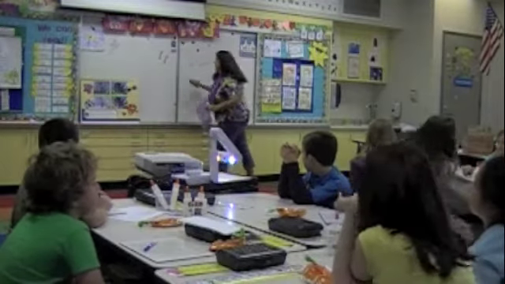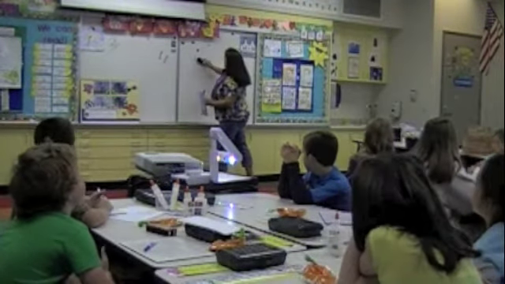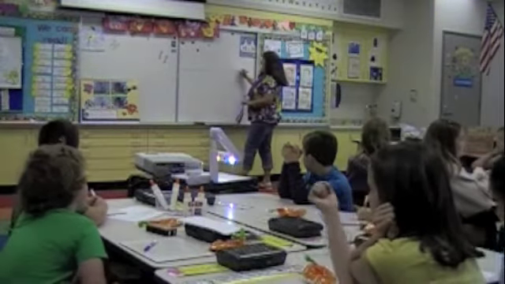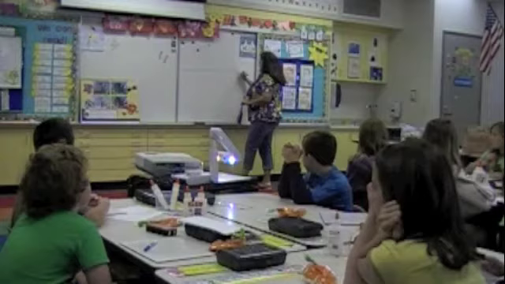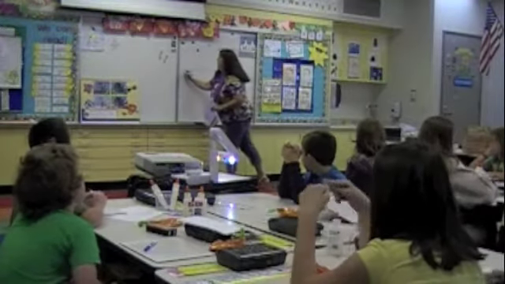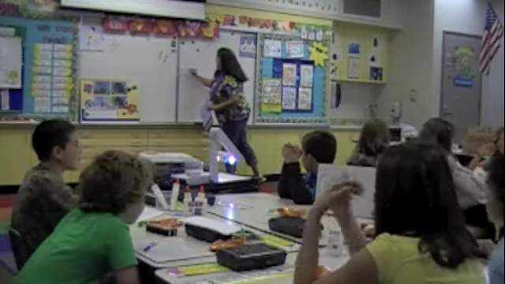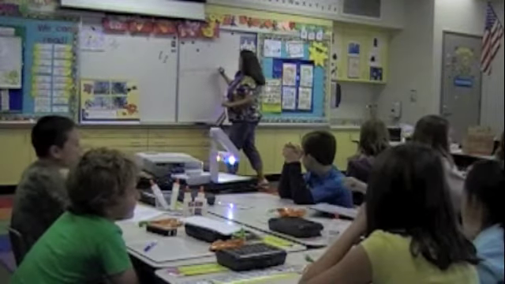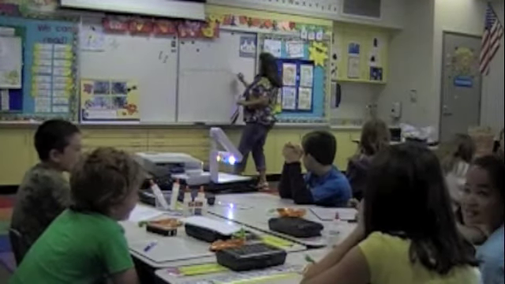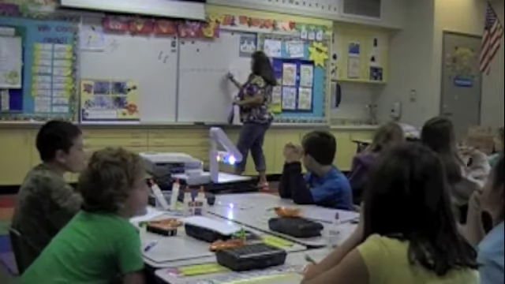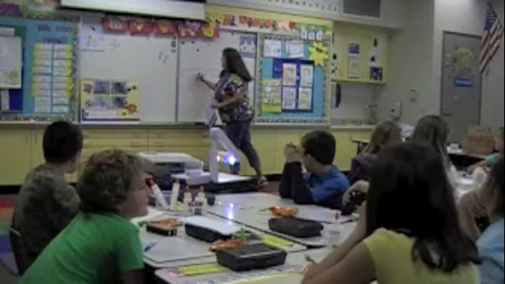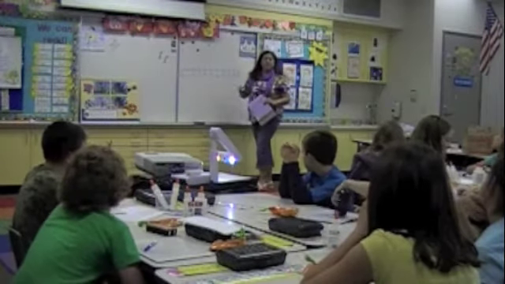Now we can relate it to subtraction by using a number line. So if we had 10 here, and we have 0, and let's do 1, 2, 3, 4, 5, 6, 7, 8, 9. Okay, so let's do our kids again.